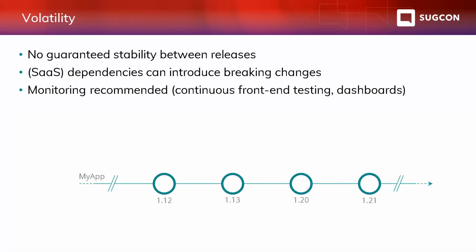And the next one is volatility. In the past, when you had full governance of your own implementation, you were kind of sure that between deployments, your production environment was completely stable. Because you didn't deploy, nothing changed, and apart from the occasional incidents and issues, it was stable between releases.